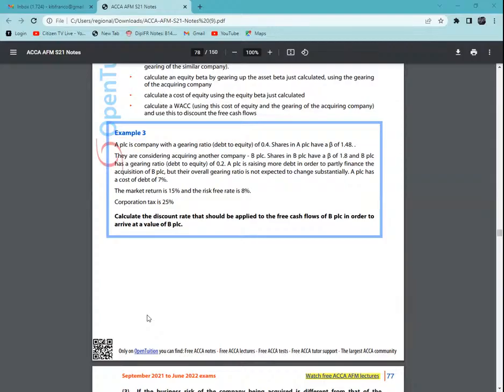The beta which becomes relevant is the beta of the new business, B Limited, which has a beta of 1.8. So the 1.48 beta of A becomes irrelevant. The one that we shall use is the one of what here, somebody? 1.8 of B company.